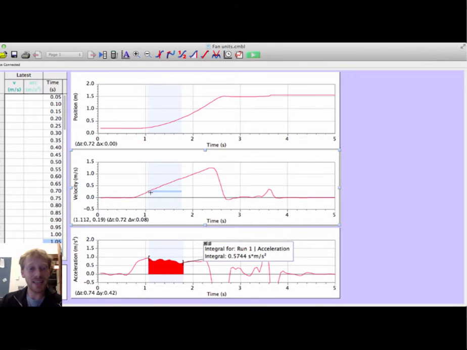And let's find out if the change in velocity is roughly the same as the integral of acceleration. So we start off this interval at a velocity of roughly 0.25 meters per second. Then at the end, it's roughly 0.84. And I will say that, yes, that is roughly a change in velocity of 0.57 meters per second.